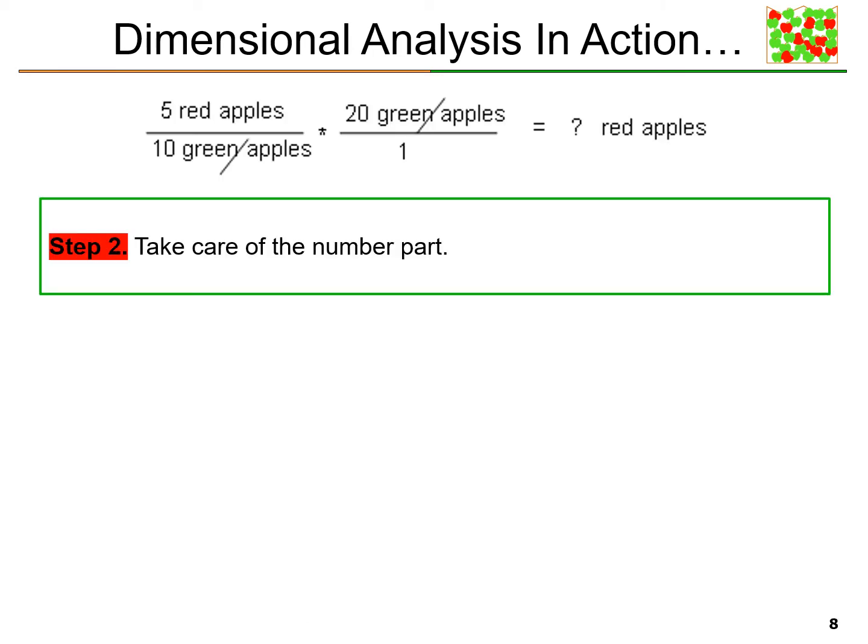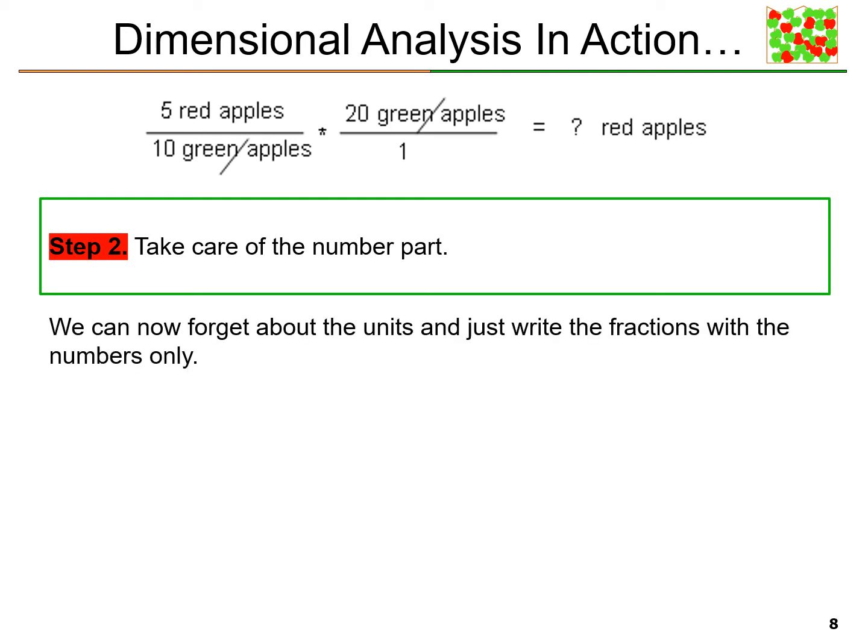Okay, step two, let's go ahead and take care of the number part. We can now forget about the units and just write the fractions with the numbers only because we've already taken care of the units.